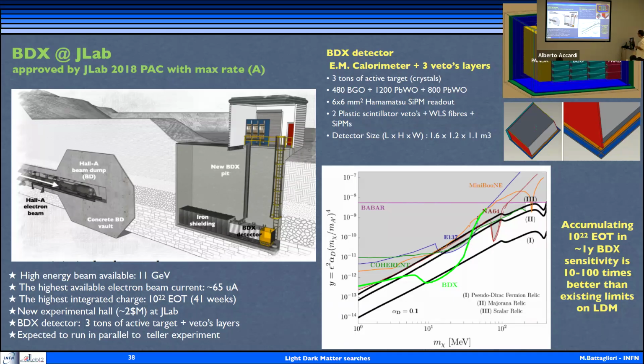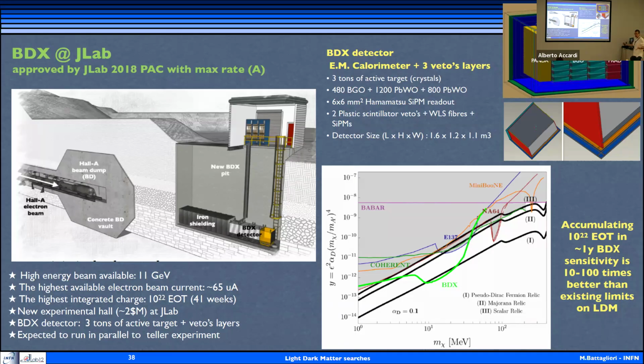And you see that this experiment is going to cover, again, remember the 3 relic targets, with different definitions, different details of the interaction, more or less compressed. And this experiment is going to cover the range between, let's say, 8, 10 MeV up to, let's say, 20, 30 MeV.